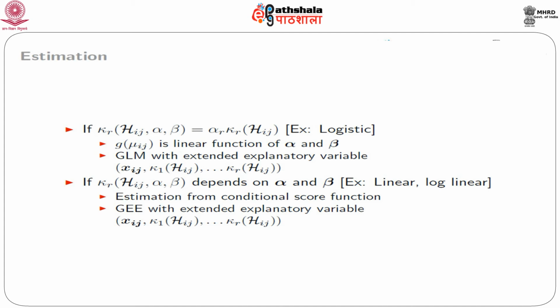For the linear and log linear model, where kappa r depends on both alpha and beta and they are not separable in that sense, we use generalized estimating equations, GEE, with extended explanatory variables, the past responses. So in the logistic case it is GLM, whereas in Poisson we use GEE.